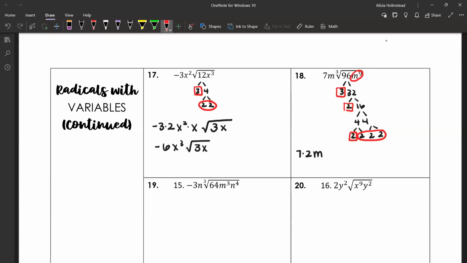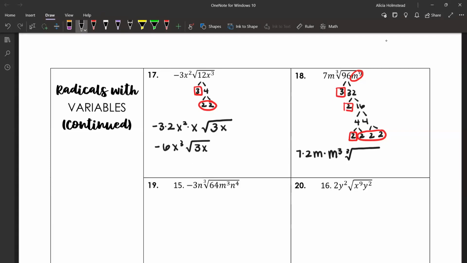We have 9 m's, which would be 3 groups of 3. So we know that we can pull out 3 more m's. And then that's everything that we can pull out.